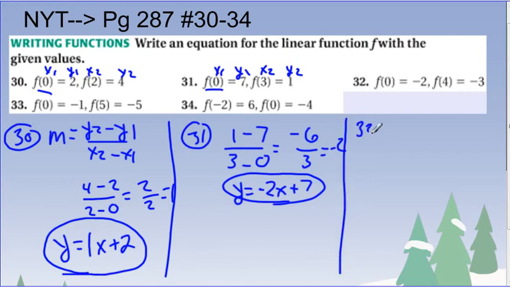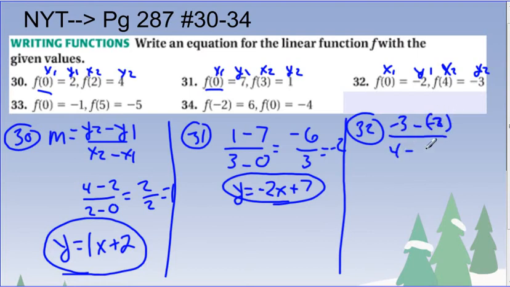x1, y1, x2, y2. So the formula for slope is y2 minus y1 over x2 minus x1. Negative 3 minus a negative 2, minus a negative is actually plus a positive, so that gives us positive 1 over 4.